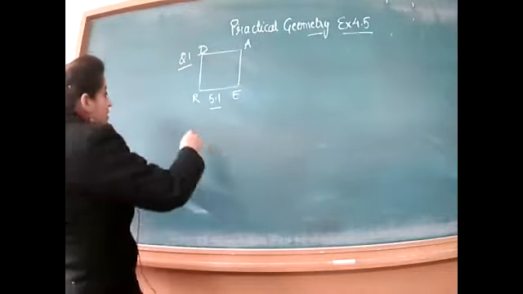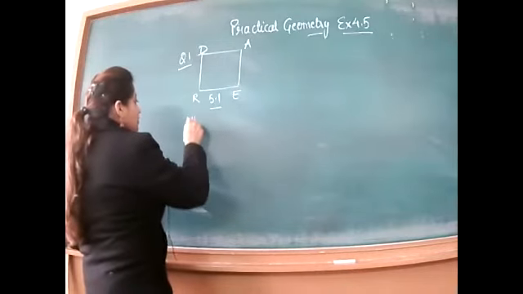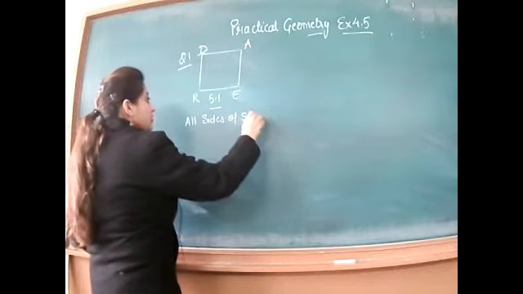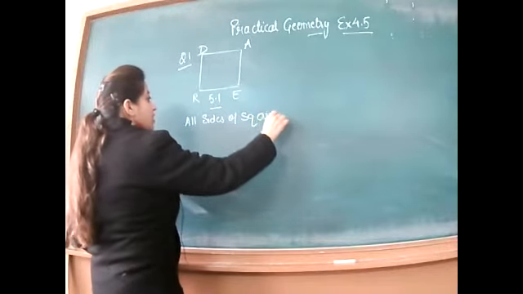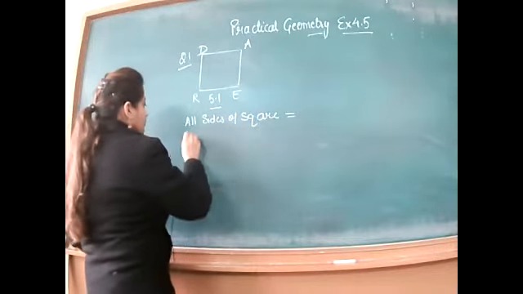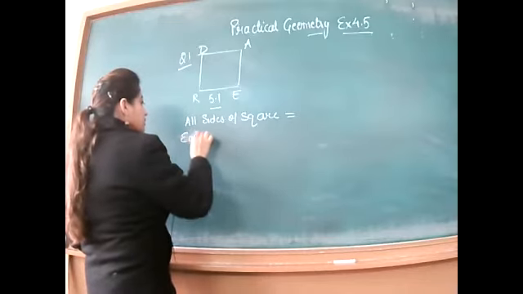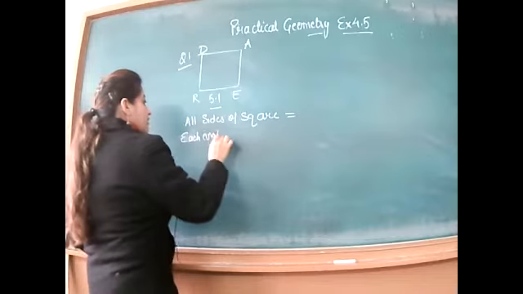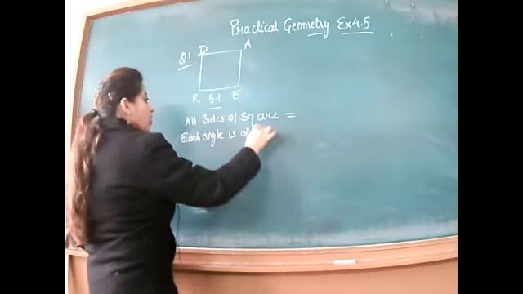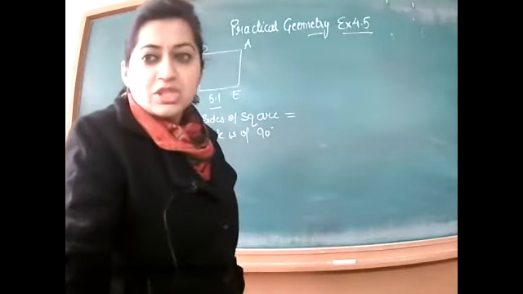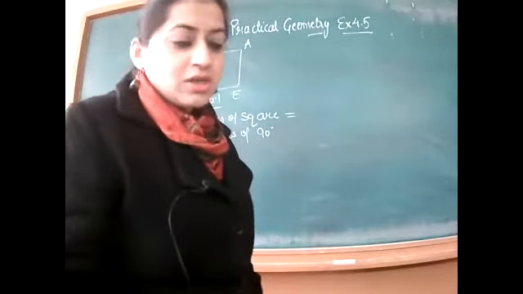All sides of a square are equal. Each angle is 90 degrees. Got it?